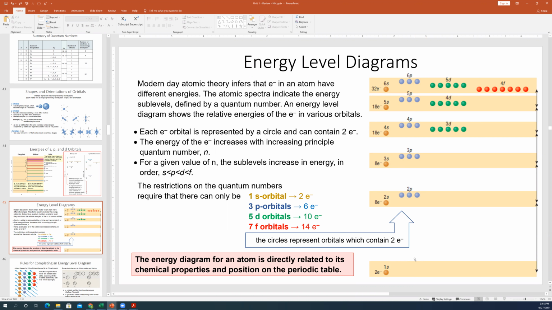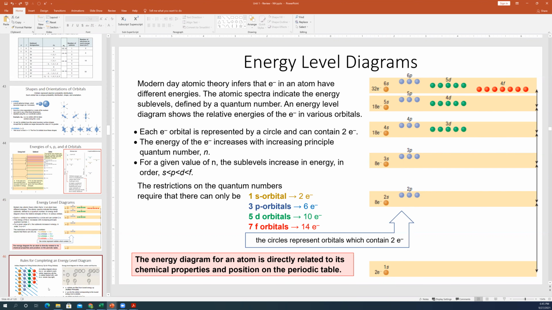How many orbitals high are they going to go? Are they going to be at 2s? If there's more electrons than 2, then they start going into the 3p. If there's more electrons, then they start going into the d orbitals and the f orbitals. So it just depends how many electrons you have and how many orbitals you're going to occupy. That will then dictate what type of bonds you're going to be able to form.